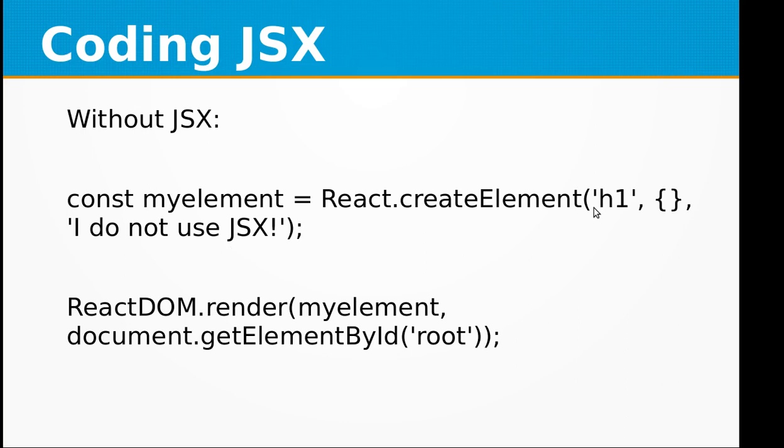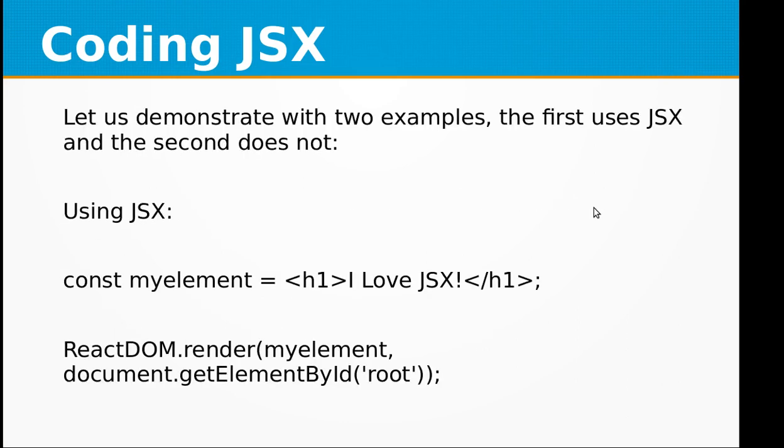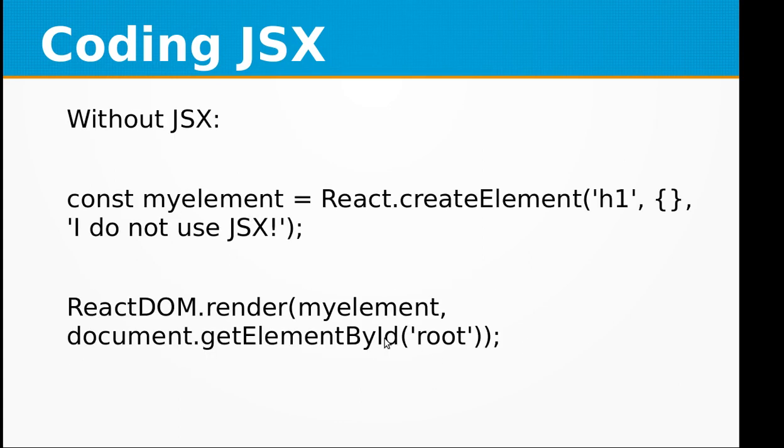As you have seen, using JSX makes life easier. You just need to pass in the HTML to your element or variable, and then use that variable within the render method. But without using JSX, you need to call the createElement method of React and then pass the tag and then pass the content.